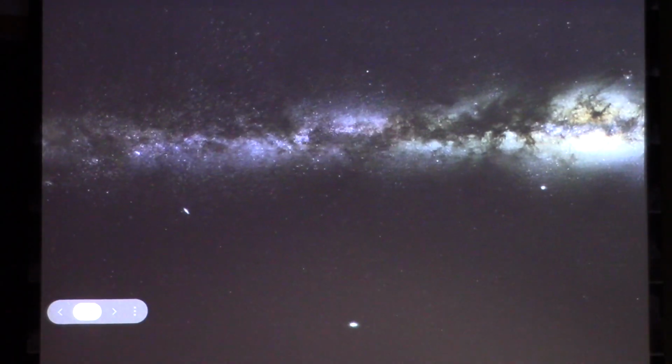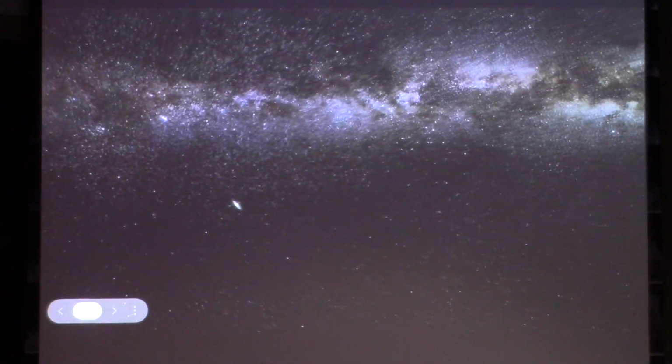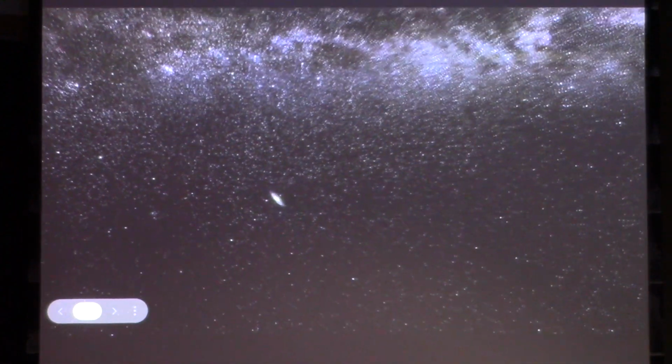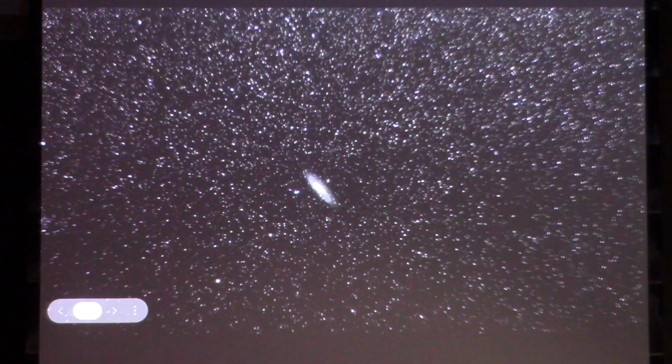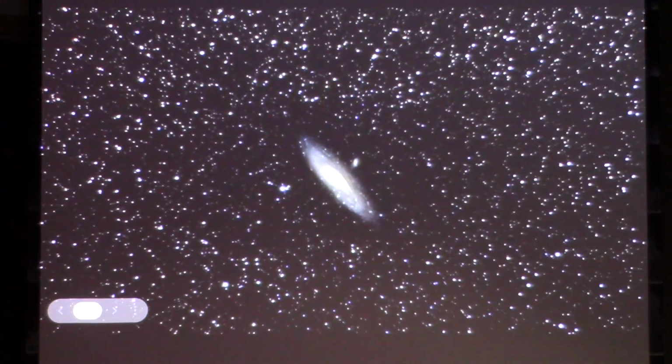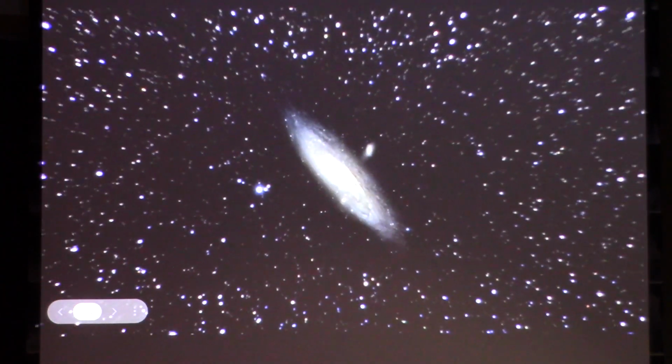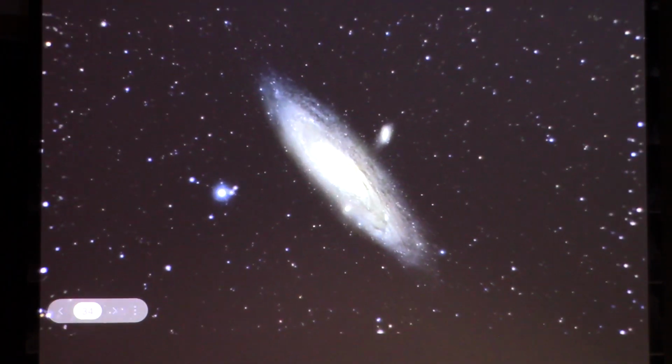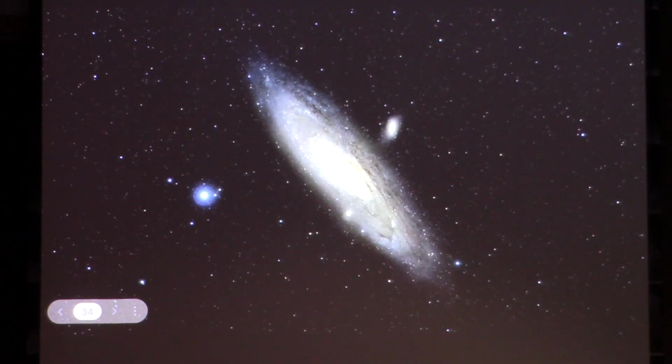For around a century, astronomers have known that it's moving towards us, but whether or not the two galaxies would actually collide or simply fly past each other remained unclear. Now, a team of astronomers has used the Hubble Space Telescope to shed light on this question by looking at the motion of stars in the Andromeda Galaxy.